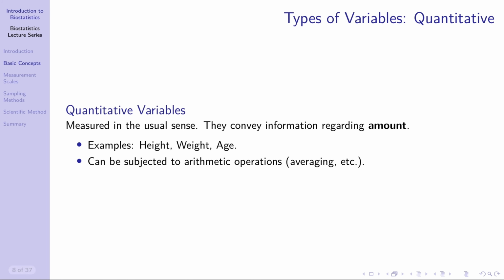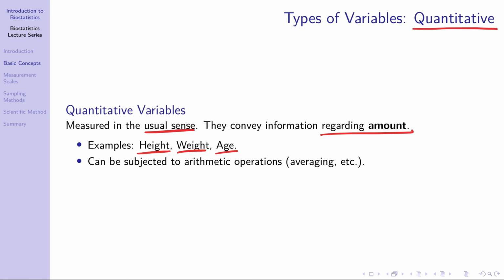So what are the different types of variables? The first type, which is the most common, is called the quantitative variable. This is measured in the usual sense, which means we measure it using a measuring instrument. It conveys information regarding the amount of a particular thing. For example, height, weight, and age are all examples of quantitative variables.